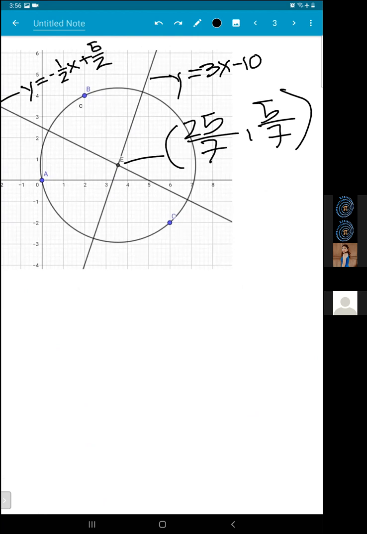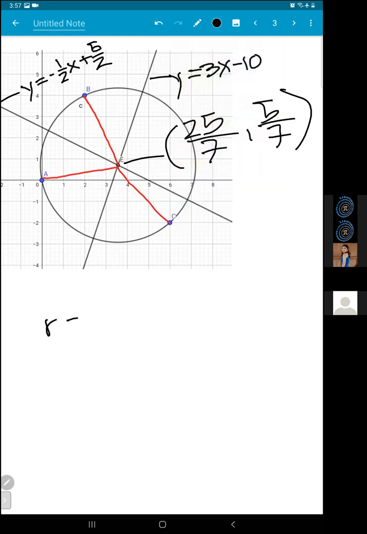Now, the radius is fixed, so you can use any point of the circle to get the length of the radius. Either B or C, but the easiest one to use is A, since it has 0, 0 as coordinates. Anyway, you'll get the same result.